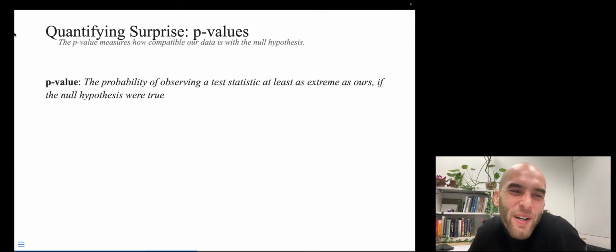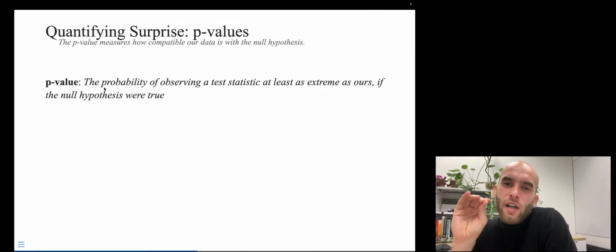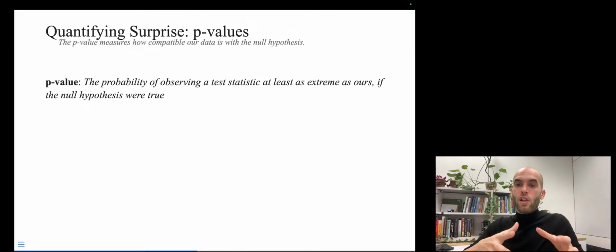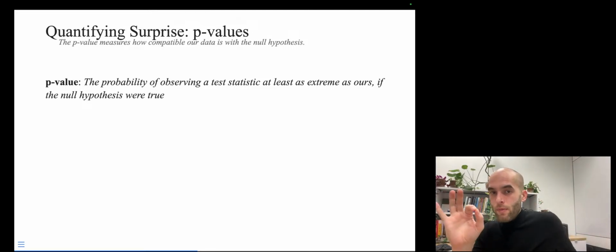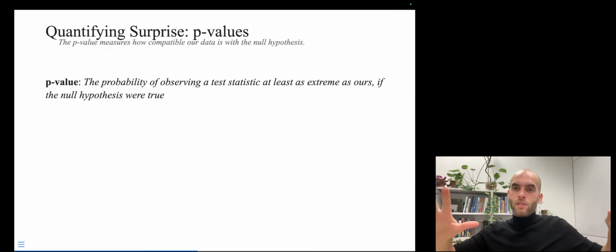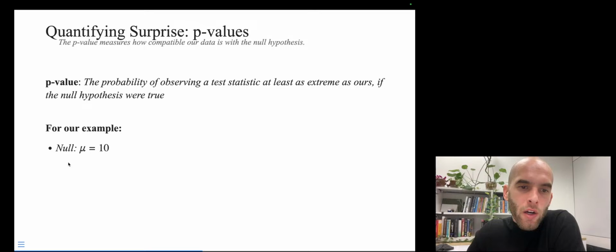The way we define a p-value is the probability that, under the null hypothesis, we see something as extreme as our data or more extreme. So it's at least as extreme a sample as what we're seeing. For our example, we have a null hypothesis of 10.